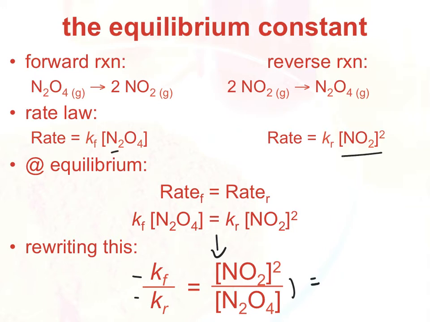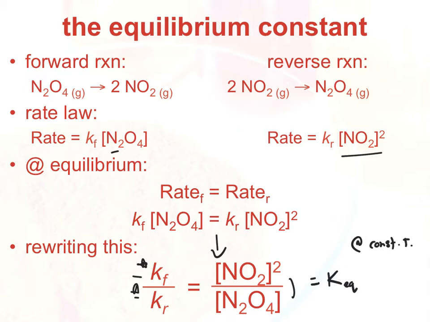This overall, guys, is going to equal our K value, our equilibrium constant. What we want to keep in our head is that the equilibrium constant represents the relationship between reactants and products and their rate constants at constant temperature.